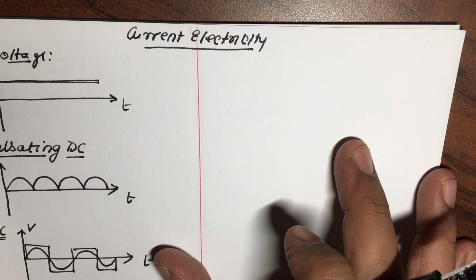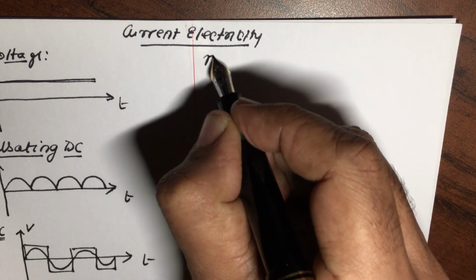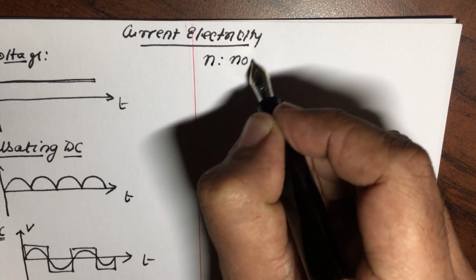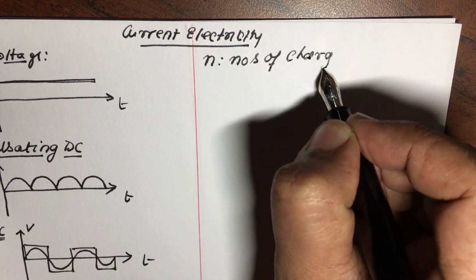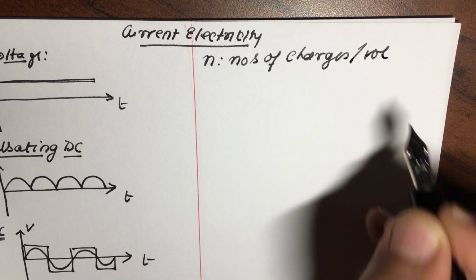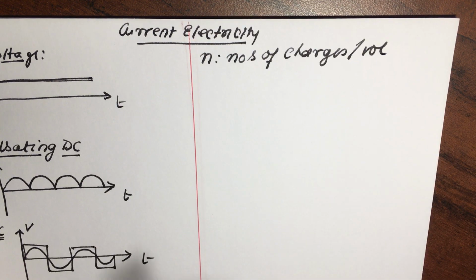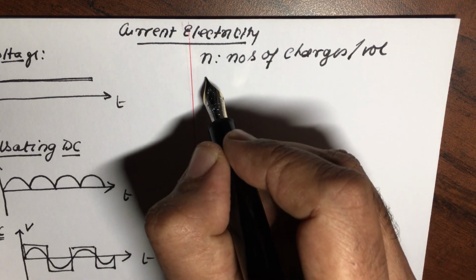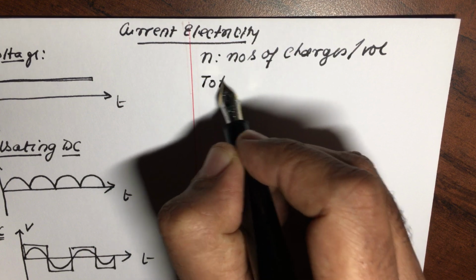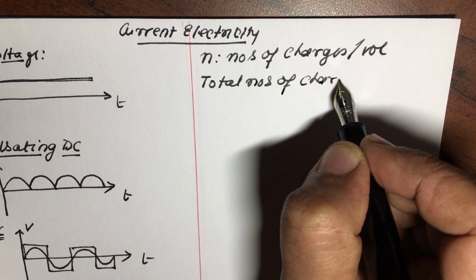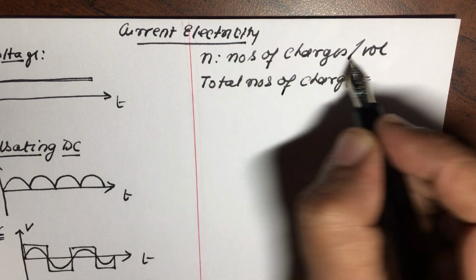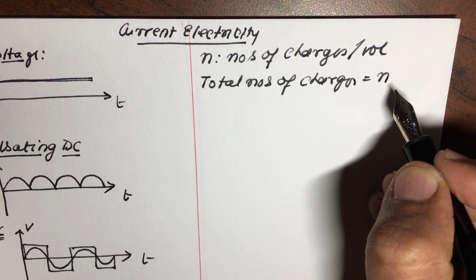Okay, now let us say n be the number of charges per unit volume. So in that region which we just have seen, what is the total number of charges? The total number of charges would be the number of charges per unit volume into the volume.